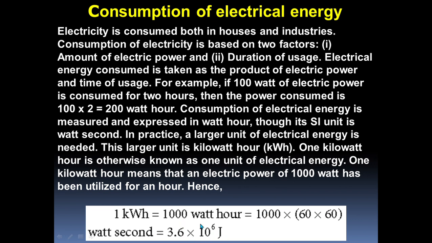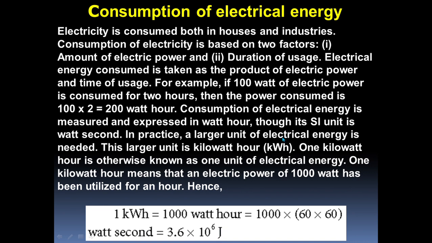So 1 kilowatt hour is equal to 3.6 into 10 power 6 joule. Please note it down, children. Very, very important value. The value of 1 kilowatt hour in energy is 3.6 into 10 power 6 joule. Joule is the unit of energy.